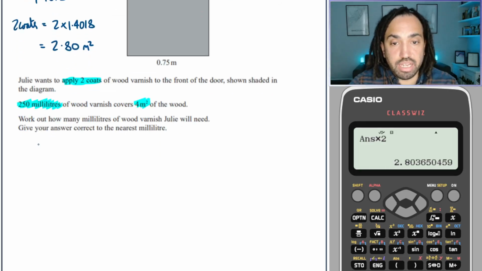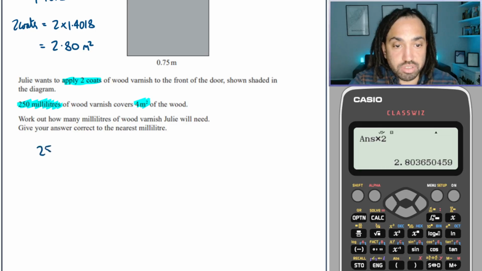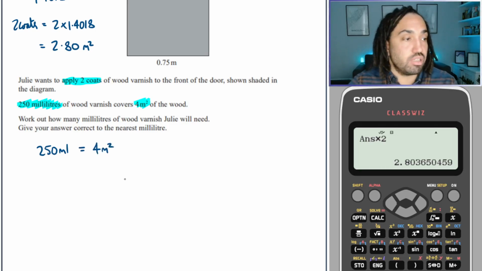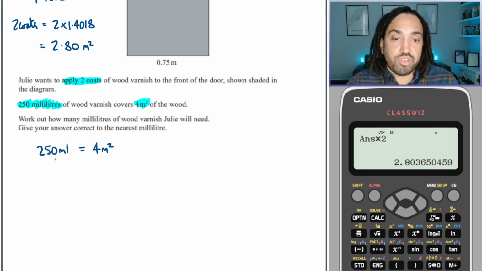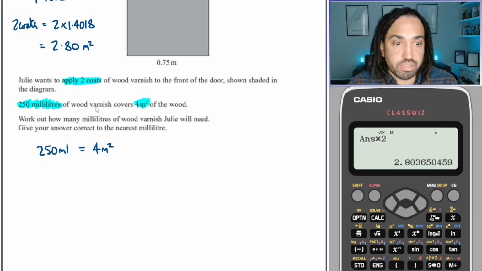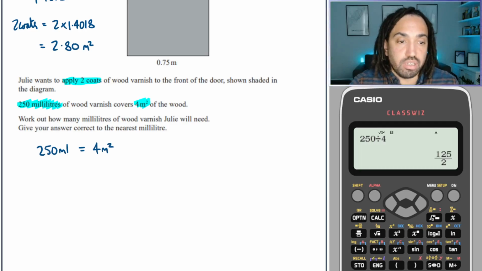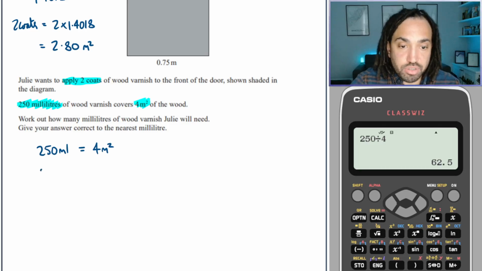So we know that 250 milliliters of varnish is equivalent to 4 meters squared. So it'd be quite useful to find what 1 meter squared is. So let's take my 250 and divide it by 4. And that gives me 62.5 milliliters will cover 1 meter squared.